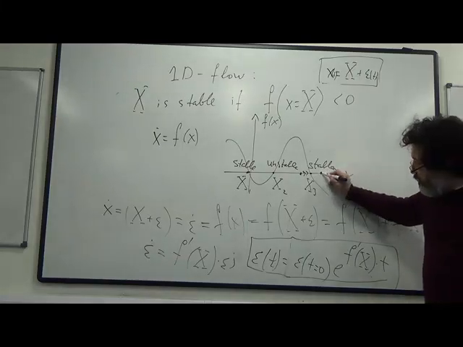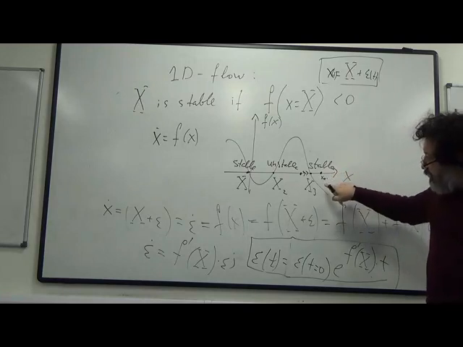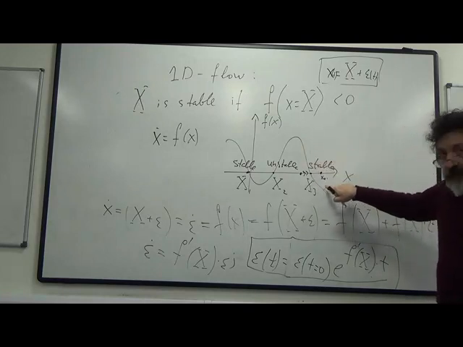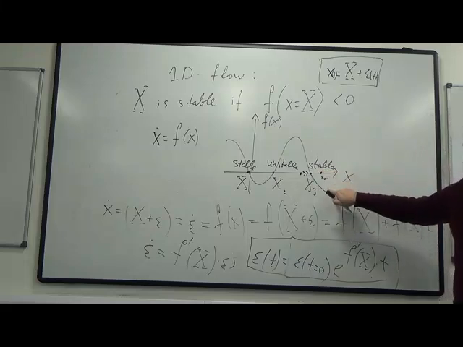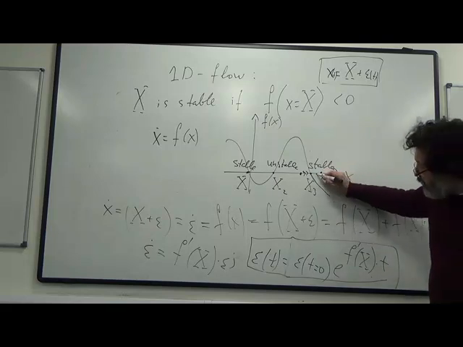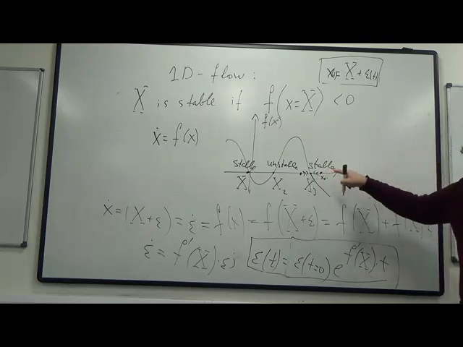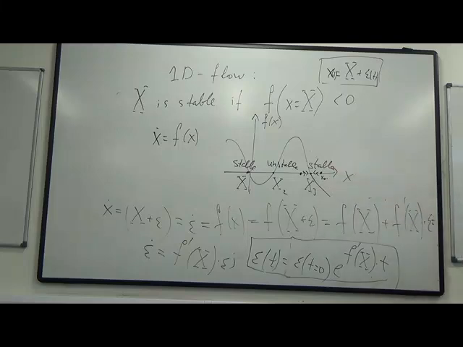If we started here, then f is negative, so x dot is also negative. X dot negative means x is decreasing over time. And you can see that there is convergence from both sides to the equilibrium. It's very illustrative, very easy. As soon as you can see it on this kind of plot, everything becomes almost obvious.